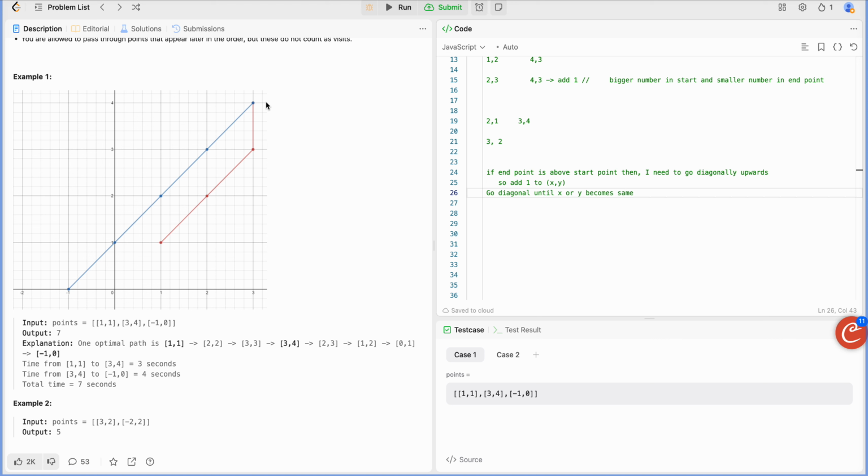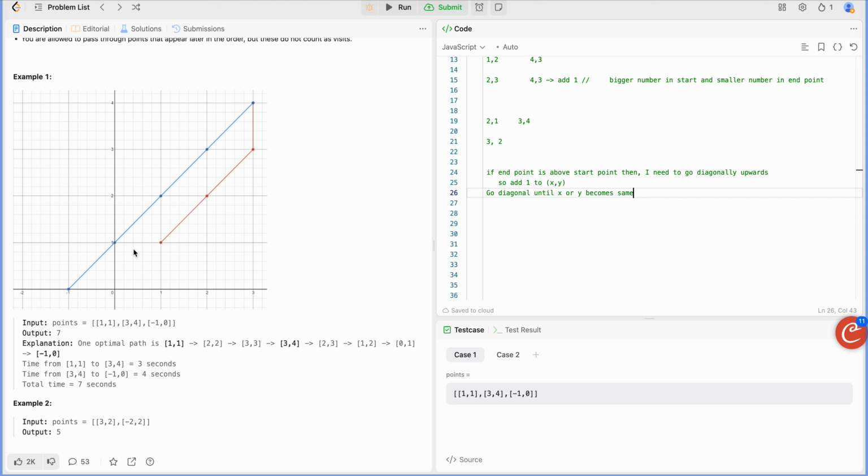But actually I'm not even sure if that would be the best path. Because sometimes, suppose, is going diagonal always the best path? That is my question.